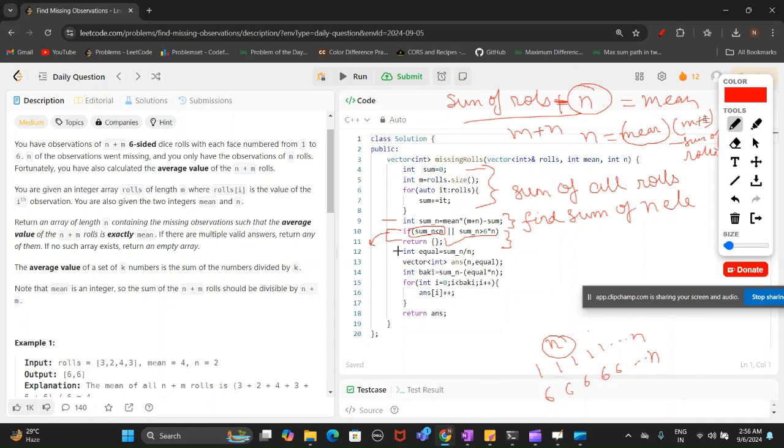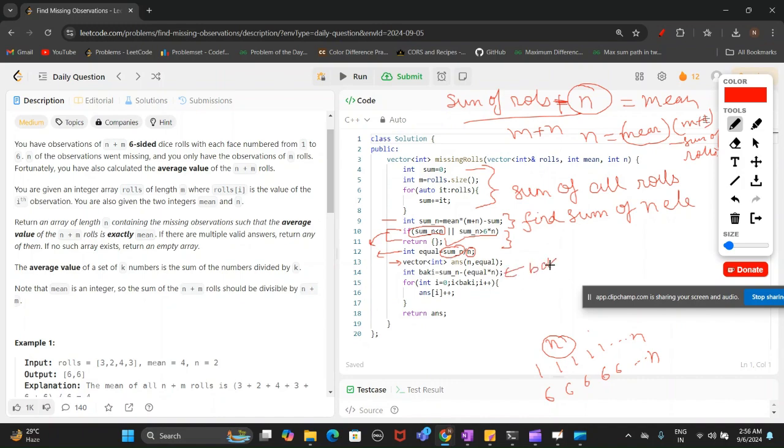So I first equally divide among each of them. Equally dividing means sum n is the total number of toffees, these are the children, and I am equally dividing them to each of the children by sum n divided by n. Now I am declaring the answer vector and the remaining elements.